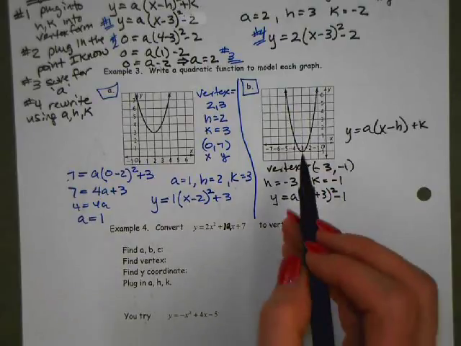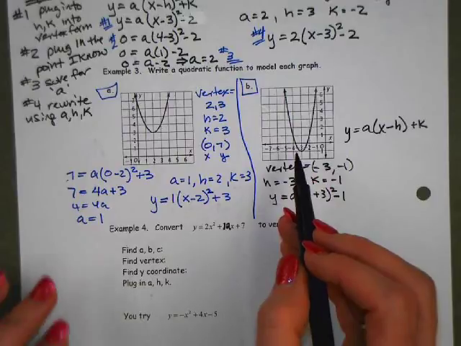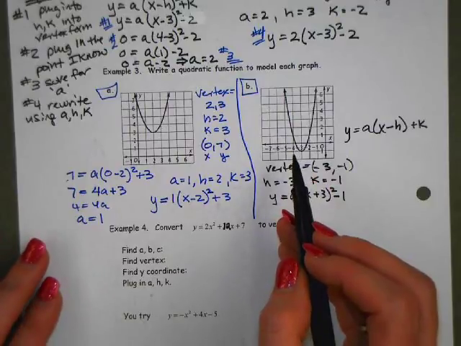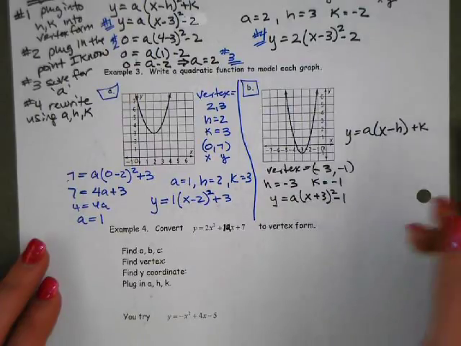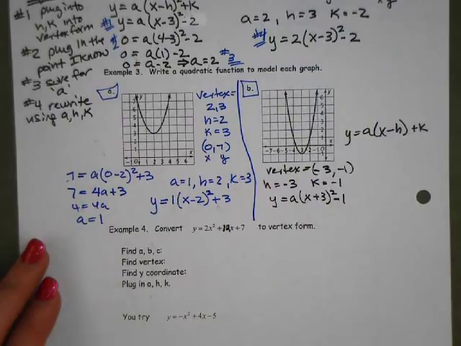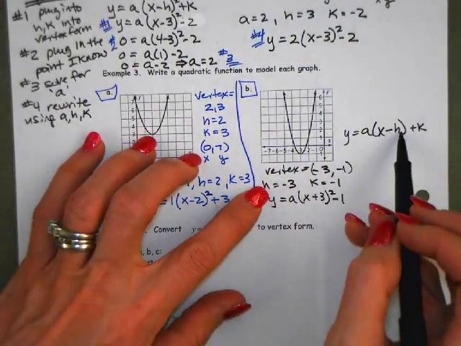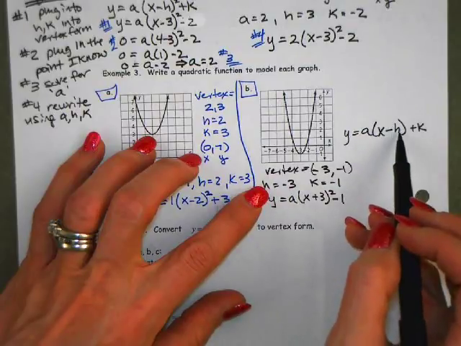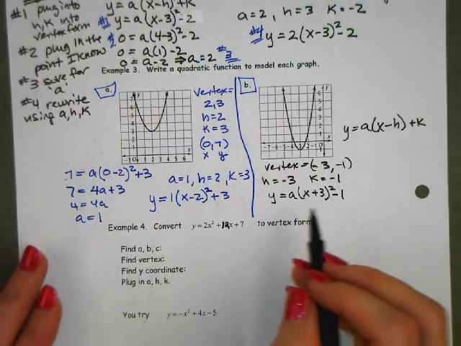No, because h is, you guys, your vertex point. Okay, don't change the value of h at your vertex point. It changes when you plug it into the equation, because the equation says minus your h value. Does that make sense? If you say h is 3 here, then when you go to subtract it, you're going to have x minus 3 versus x plus 3. Does that make sense? Okay.